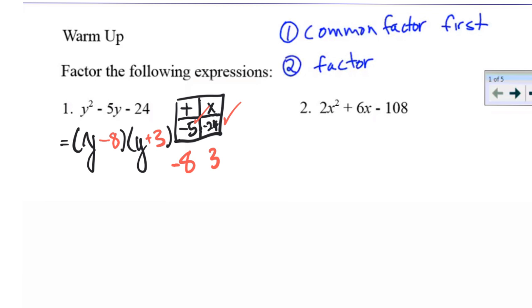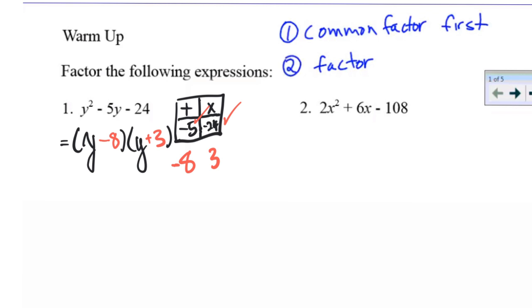Now the next problem is this one. Sometimes with a number 2 sitting in front, we want to check whether all the numbers are divisible by 2. If so, we common factor to reduce our problem a little.